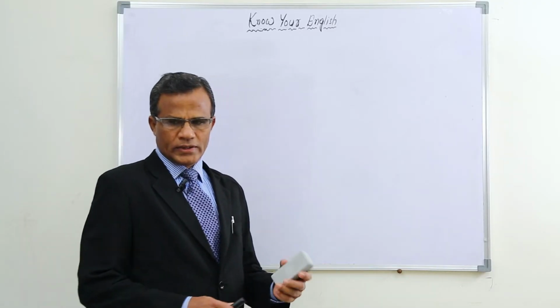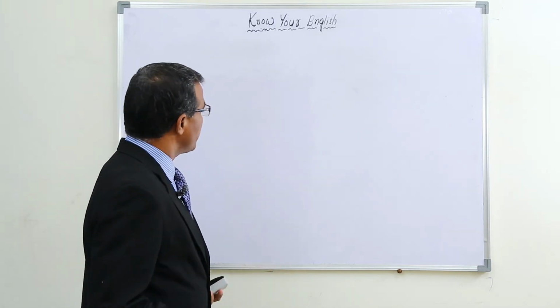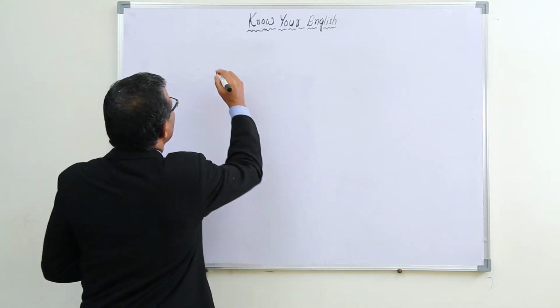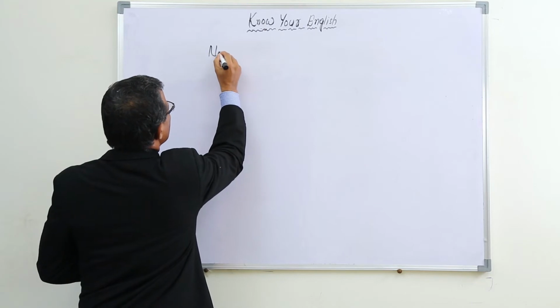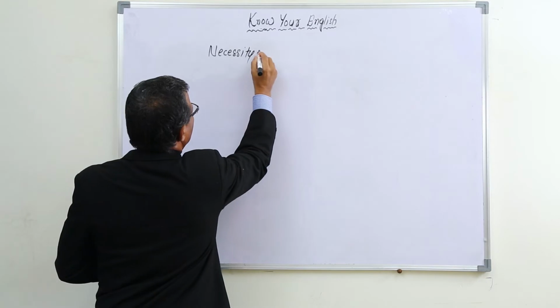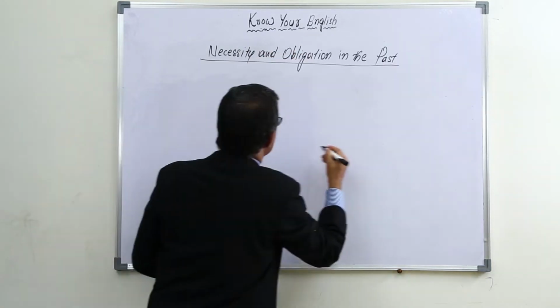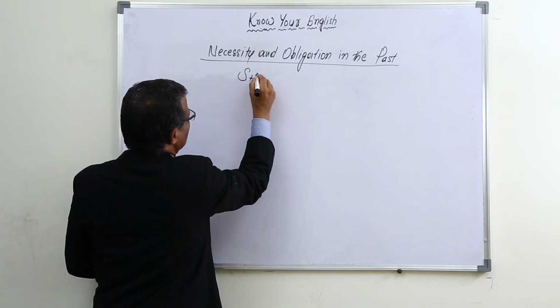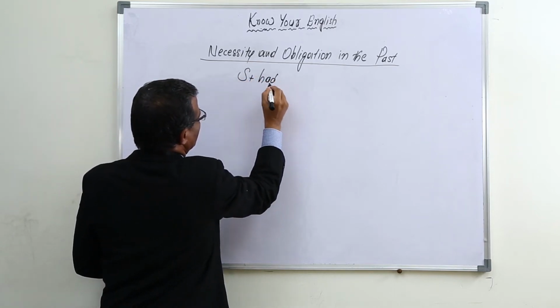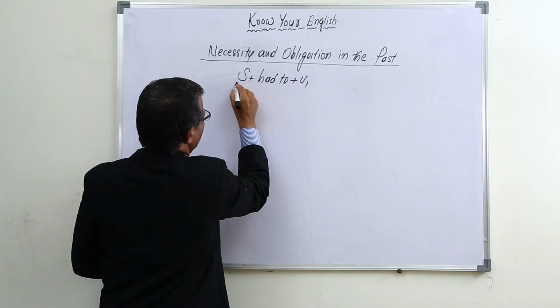Today we are going to learn one more structure, that is necessity and obligation in the past. The structure is subject plus had to plus V1.